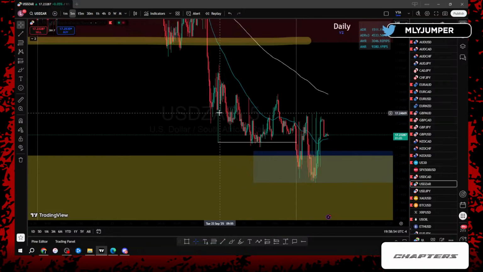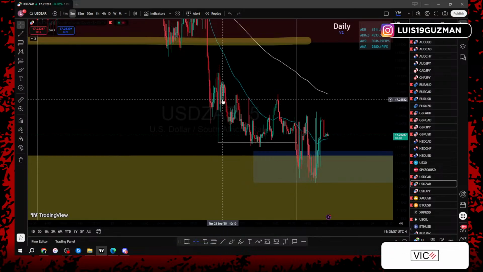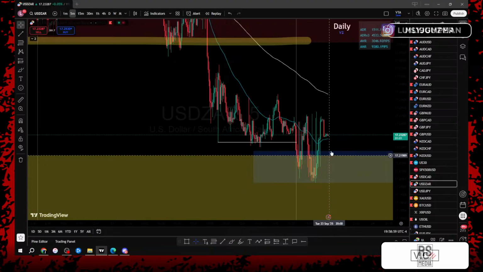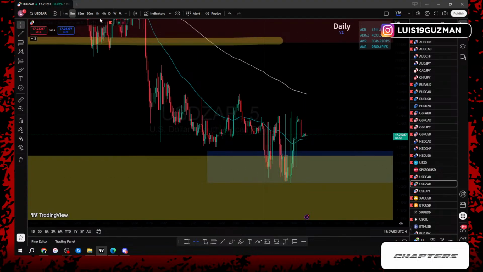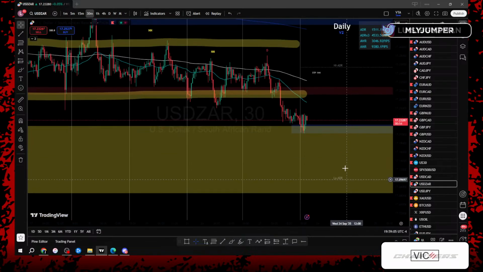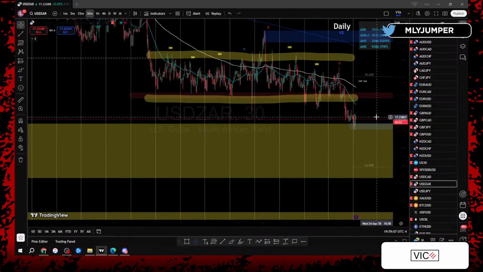We're still trading lower lows, lower high, lower low. Once we get that change in break, then I'll start looking to take these trades again.